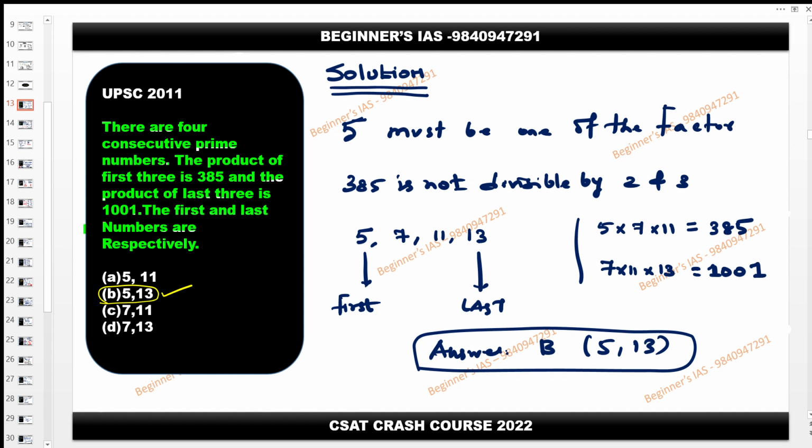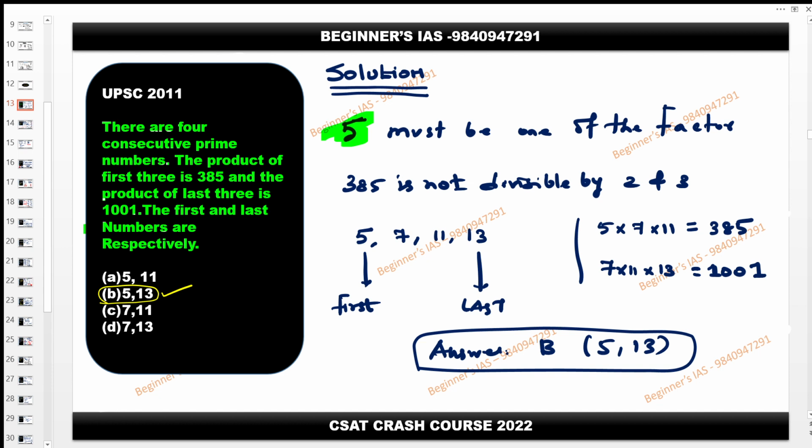The thing is, first you need to understand here. The product of the first three is 385. So to get a product with 5 in the unit place, obviously 5 must be one of the factors, right? You understood why 5 here? 5 must be one of the factors.